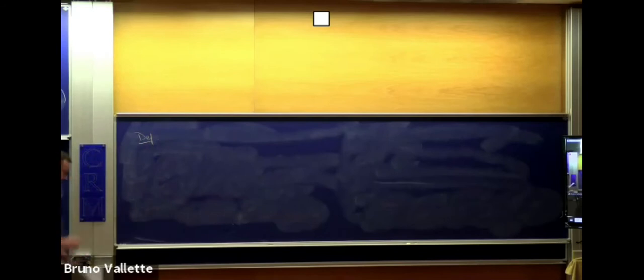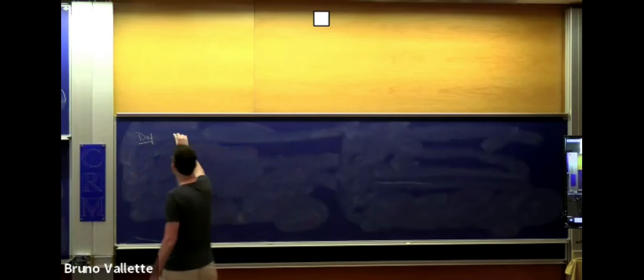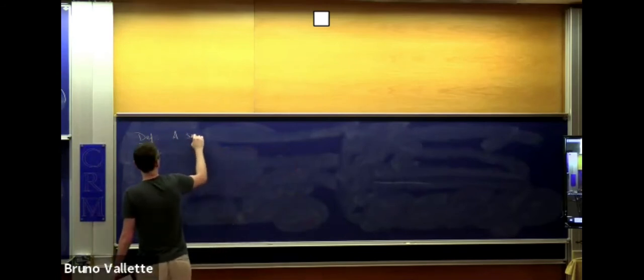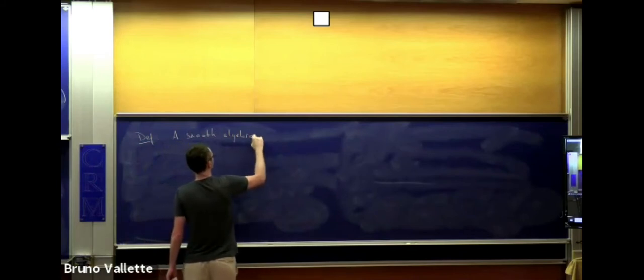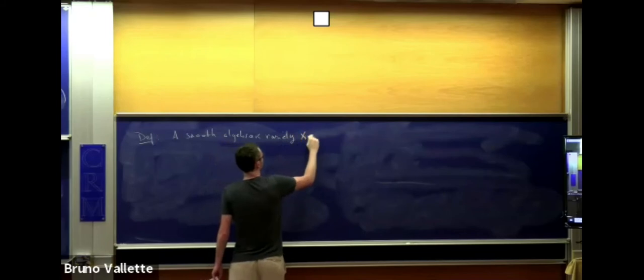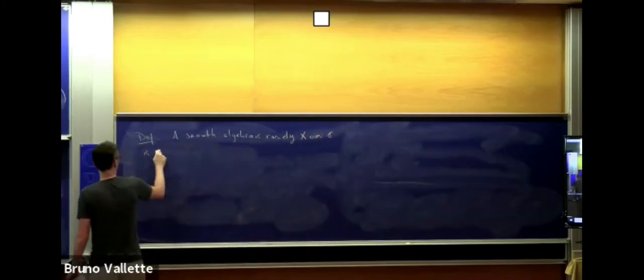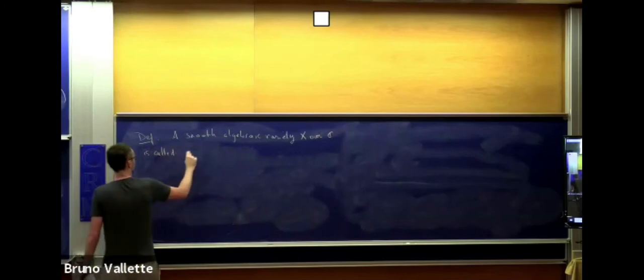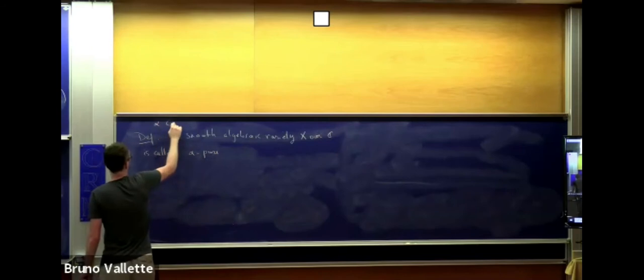So I'm going to call a smooth algebraic variety over C alpha pure, where alpha will be some non-zero rational number.